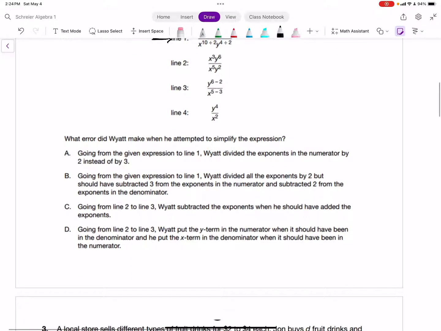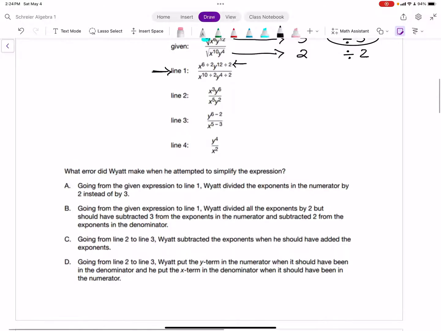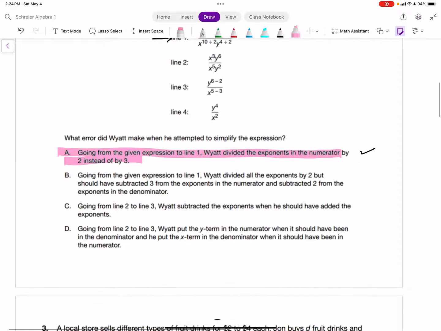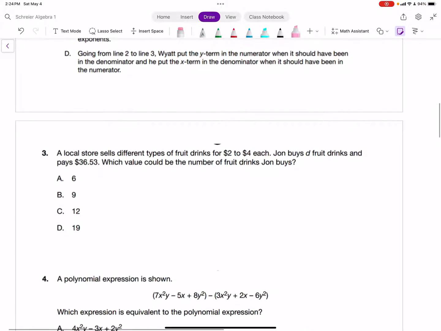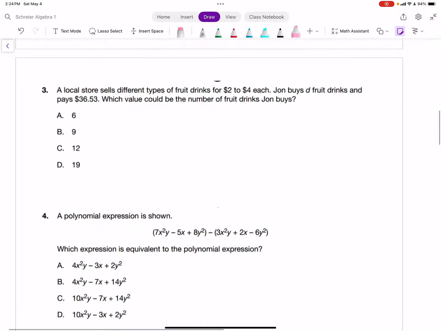For our first answer choice, it says going from the given expression to line 1, Wyatt divided the exponents in the numerator by 2 instead of by 3. And that's exactly what he did. So that would be our answer for that problem. Let's move on to another sample.